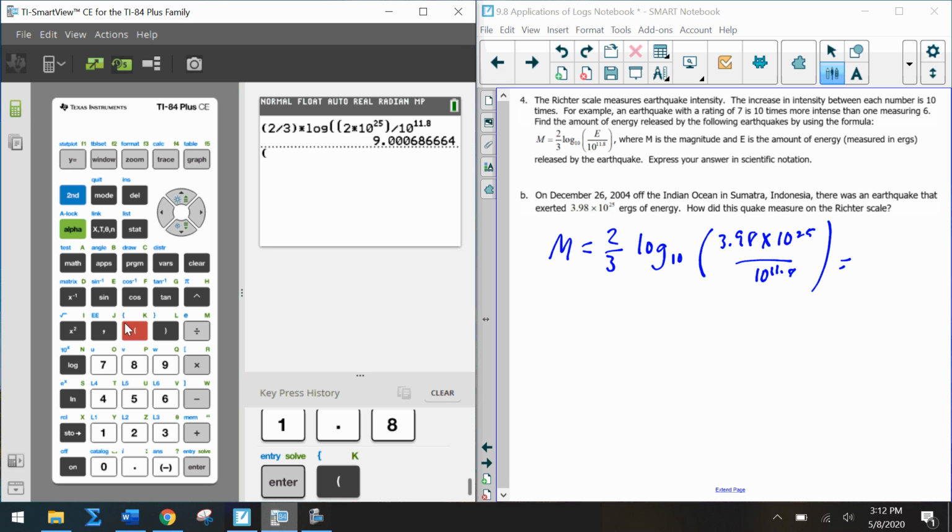I have 2 divided by 3 times, not divided by, times log base 10 of parentheses 3.98 times 10 to the 25th. Then I'm going to close the parentheses, and then divide that by 10 to the 11.8.